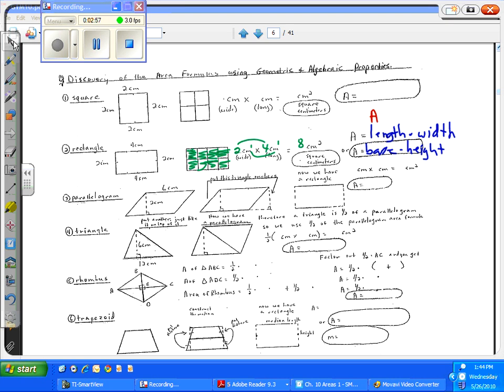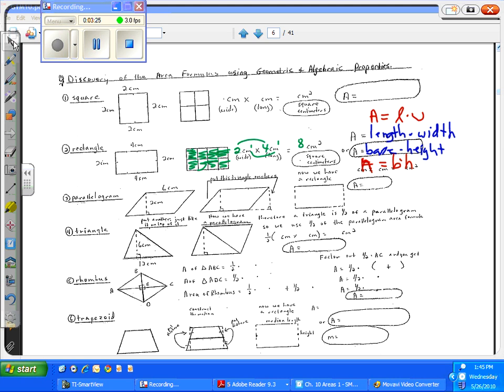If I abbreviate it here, I would have L times W, length times width. Or if I abbreviate it here, I would have B times H, or base times height. We're going to use base times height because in a triangle we use base times height. In a trapezoid we use bases, and so then we can see the similarity between one area formula and the other.